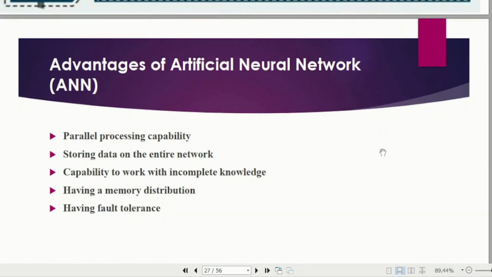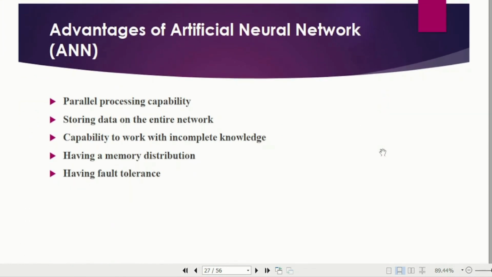Moving forward to the advantages of artificial neural networks. Now here are some of the advantages of artificial neural networks. Number one is parallel processing capability. Artificial neural networks have numerical strength that can perform more than one task simultaneously. Number two is storing data on the entire network.